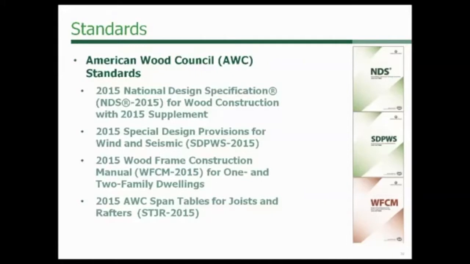Wood Frame Construction Manual, the third one, that's an engineered yet prescriptive document for 1 and 2 family dwellings. But we'll see as we go along, it also has some application for small commercial buildings. And then finally the span tables for joists and rafters, as we've always published.